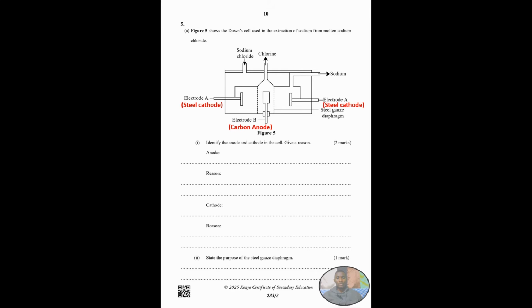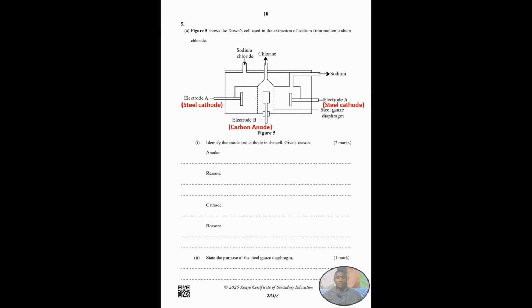The electrolysis method is used, where chloride ions are discharged at the anode, that is electrode B. After they are discharged at electrode B, they lose electrons and chlorine gas is released. That is at the anode.